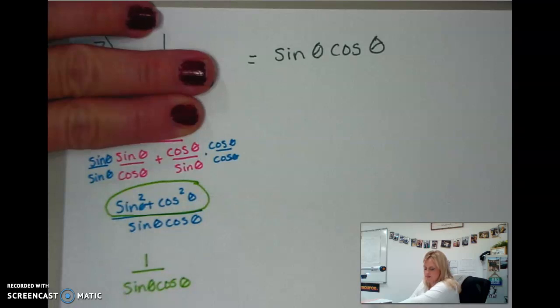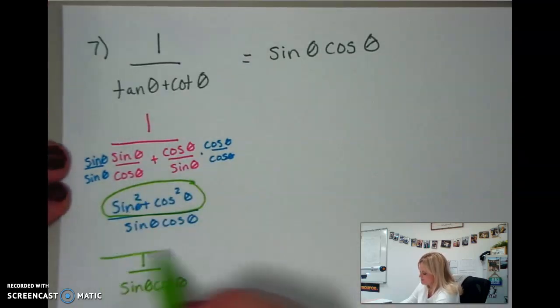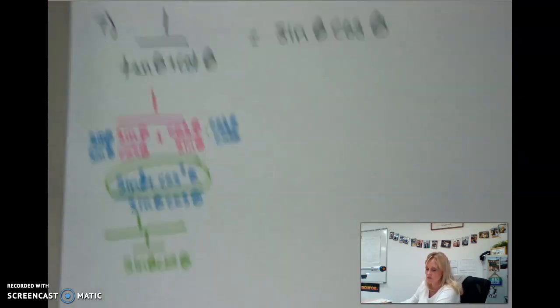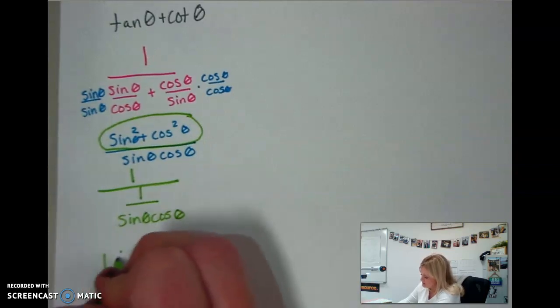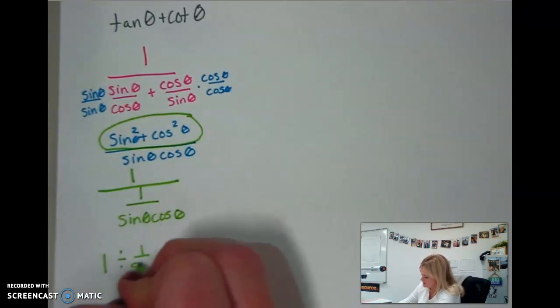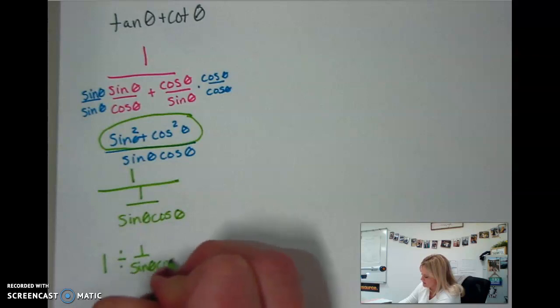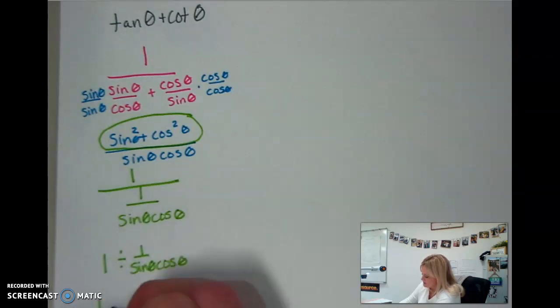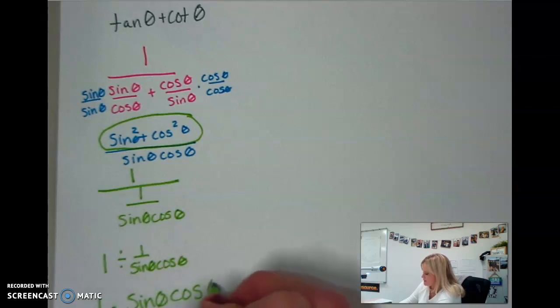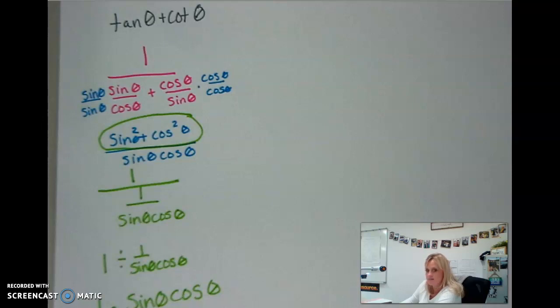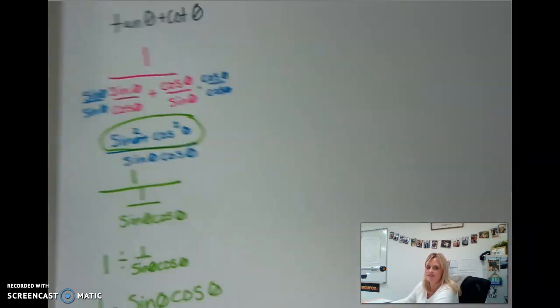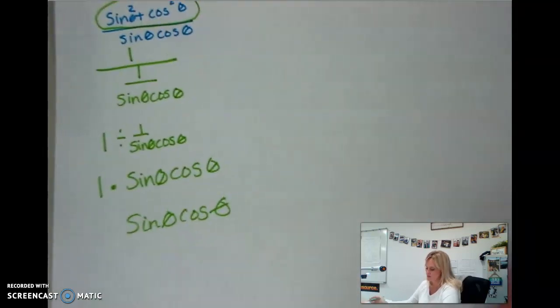Now, don't forget, all of this was over 1 again. So this is the same as saying 1 divided by 1 over sine theta cosine of theta, which we multiply by the reciprocal, and 1 times sine of theta cosine of theta is sine theta cosine of theta, which is exactly where we want it.